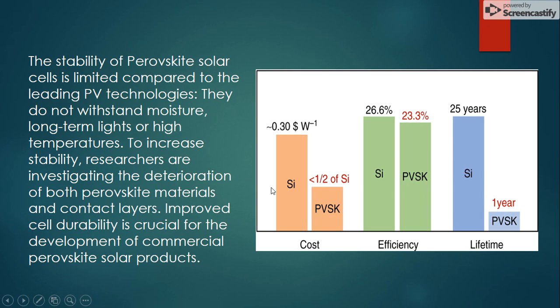You can see the comparison of silicon and perovskite solar cells in terms of cost, efficiency, and lifetime. When you look at the cost, the perovskite cell has more advantages than the silicon. In the efficiency part, there's just a tiny difference, just 3%.